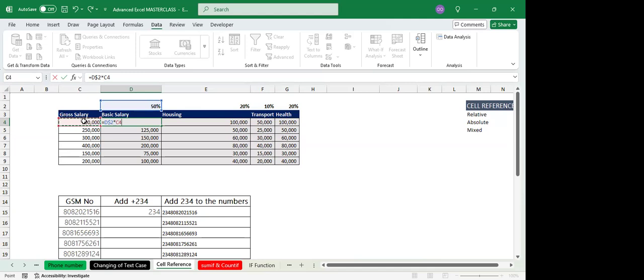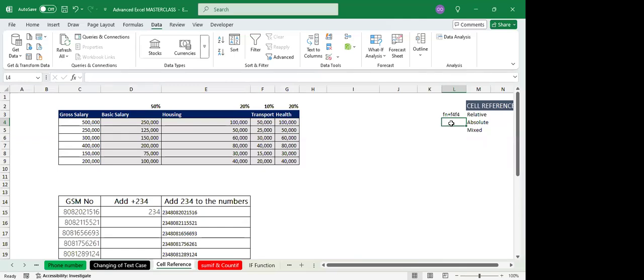So look at it, the shortcut for relative referencing is Fn plus F4. Can you see? You will press the Fn together with F4 twice.